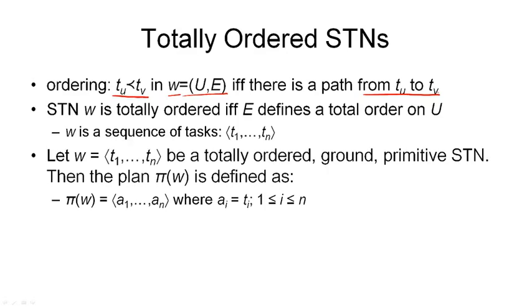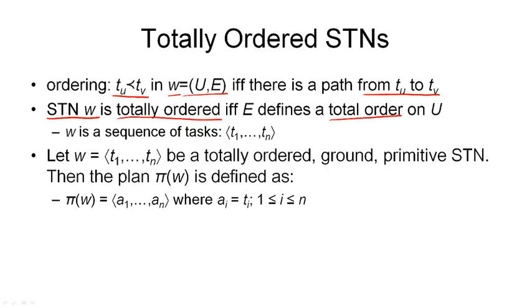Then we can say that our simple task network W is totally ordered if the set of edges in this network defines a total order on our nodes. And a total order here means that every node is ordered with respect to every other node by this network. So there are no two nodes in this network that are not ordered with respect to each other.